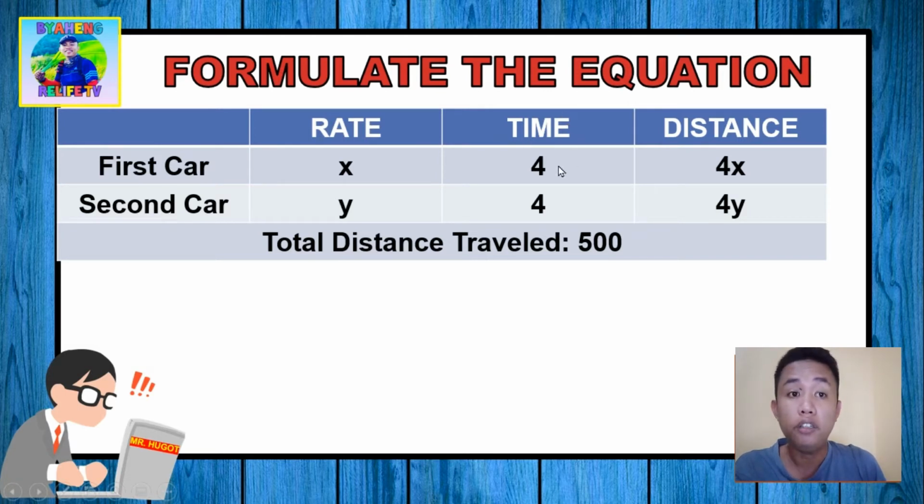So distansya na yon, 4x. At yung second car naman ay y at saka 4 hours ang kinover niya. Tapos 4y siya. Tapos yung distance na tinravel nila, all in all is 50. Oh sorry, 500 km. So, ang distance na tinravel nila ay 500 km.